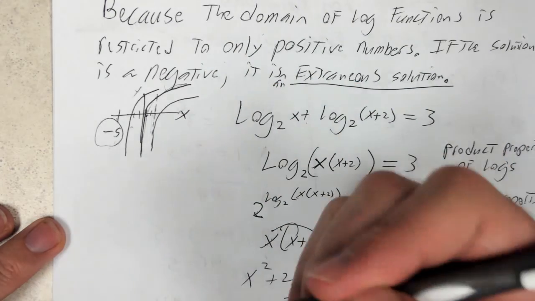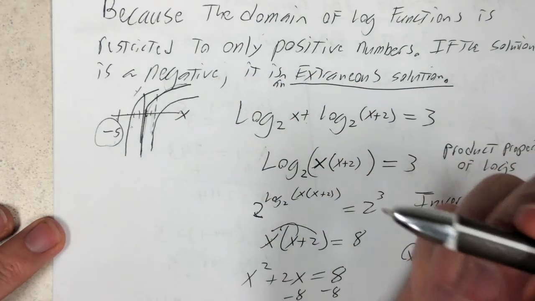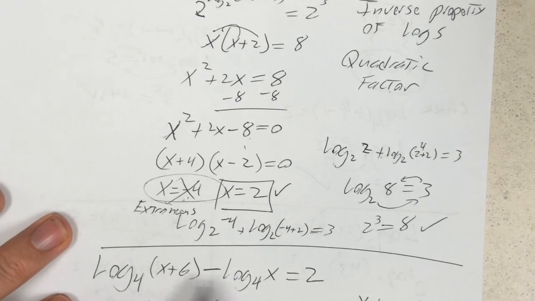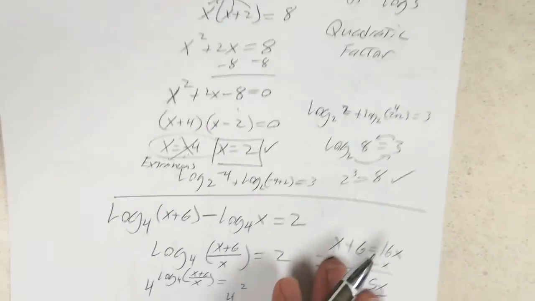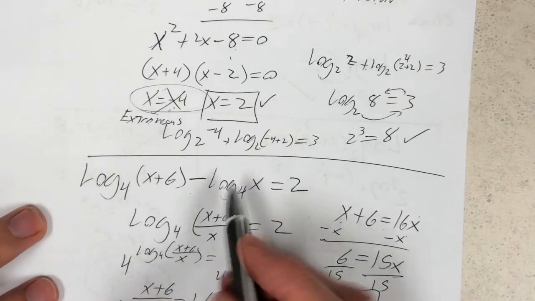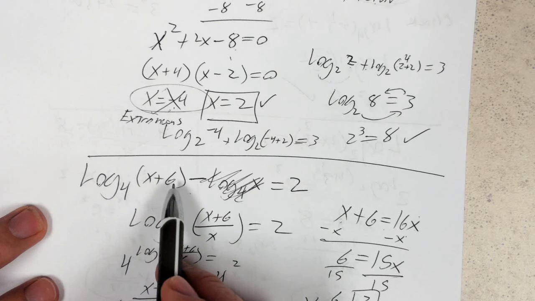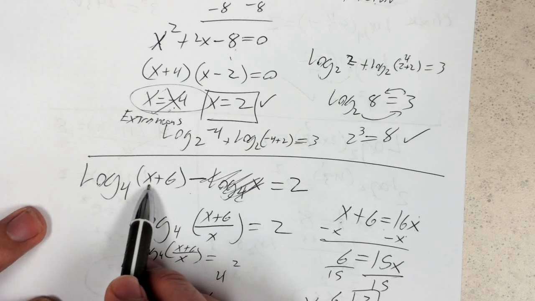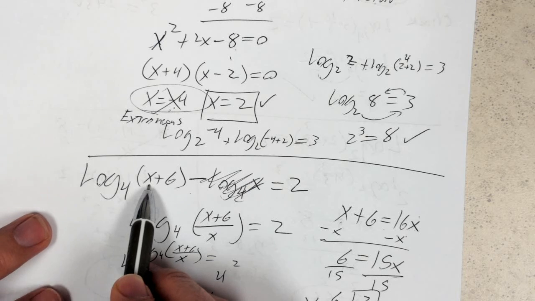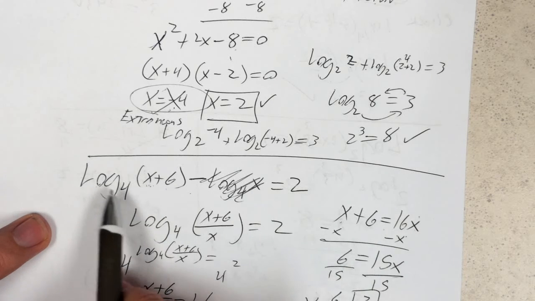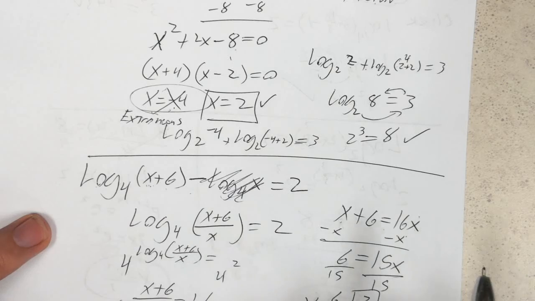But we want to go through and check every one to make sure, because let's say it was just this. Oh, you can't see. Say instead of this other part, it was this, just log base 4 of x plus 6. Well, I could actually solve x and get some negative numbers that would work. If I got x is equal to -4, well, -4 plus 6 is +2. You can do log of +2, and so that would be okay.